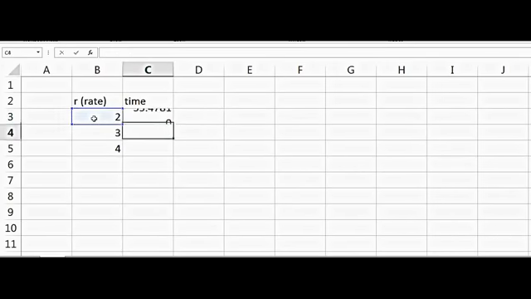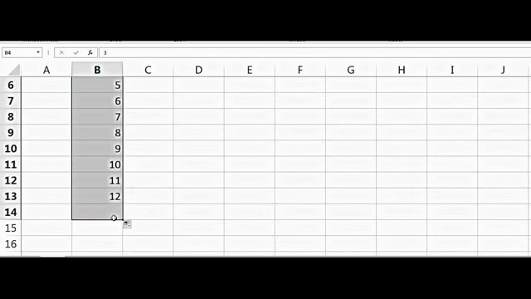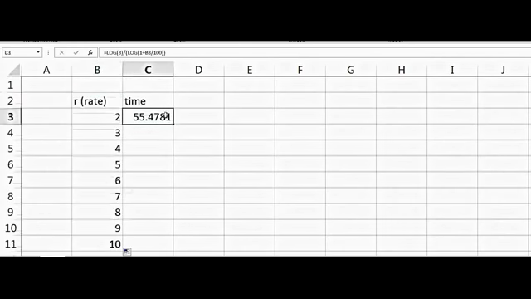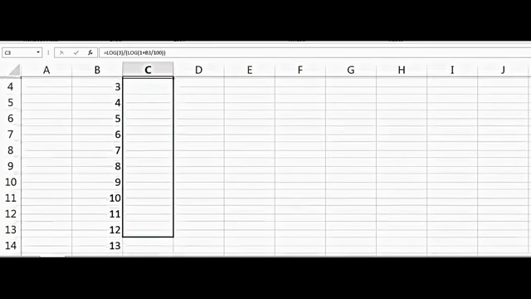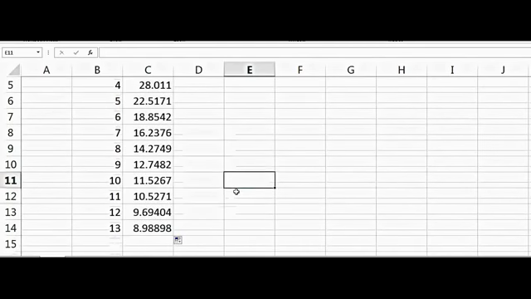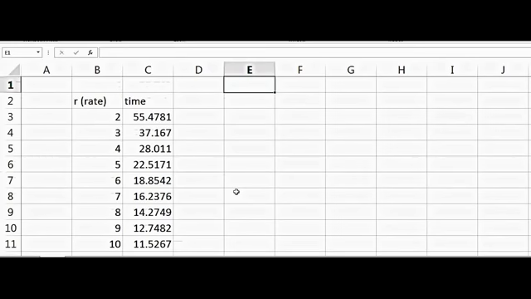So this should be our time. Now we can keep extending this rate to, suppose, 13%, and we can calculate the time for the investment to be 3 times for all these years. So that's how we get the time.